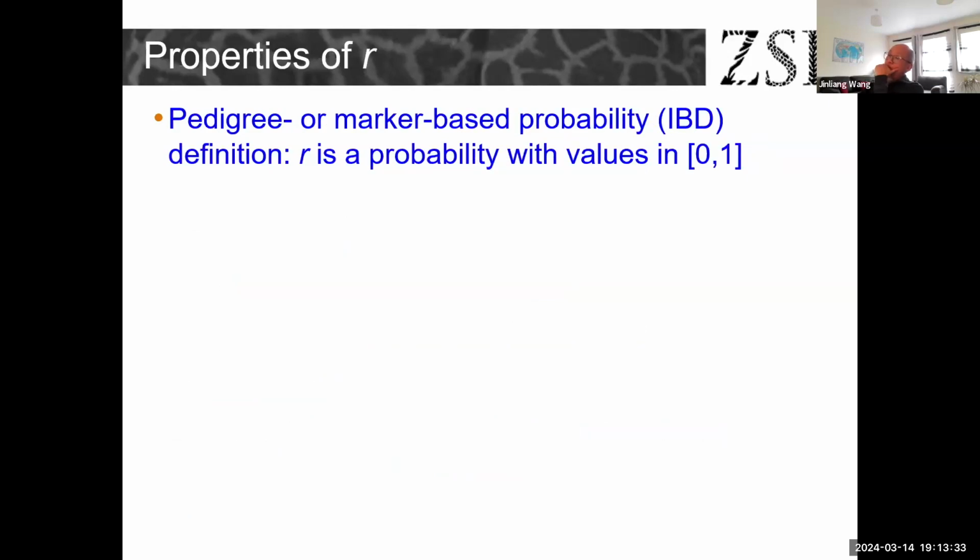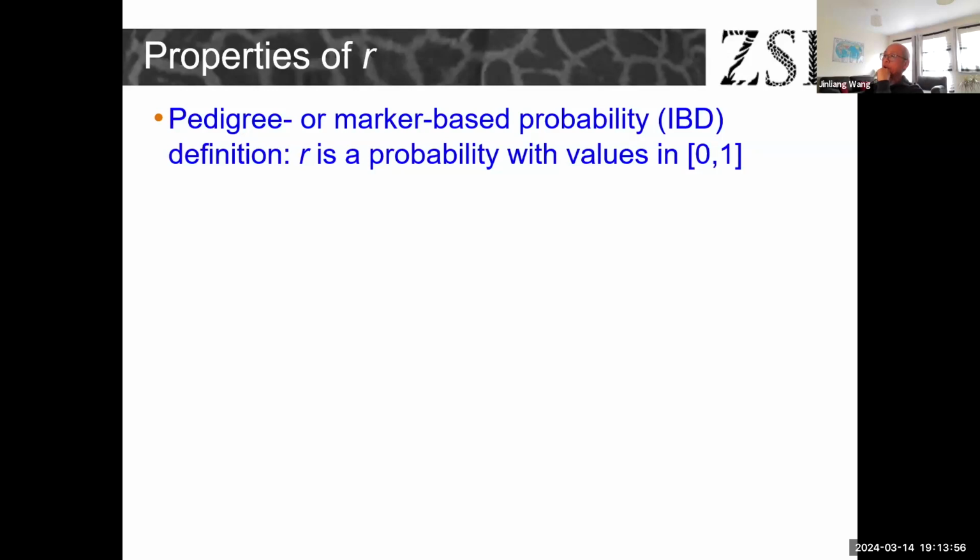So, the properties of relatedness. In the definition, from the probability point of view, it's a probability, so it is a value between 0 and 1. But there is another definition, which is correlation-based.